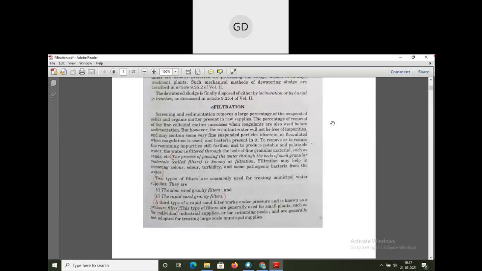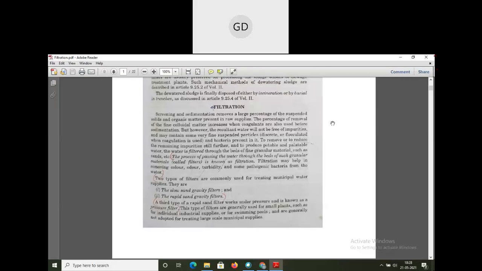There is another one known as the pressure filter, which works under pressure, while slow sand and rapid sand work under gravity.